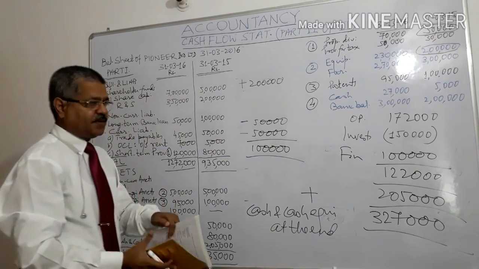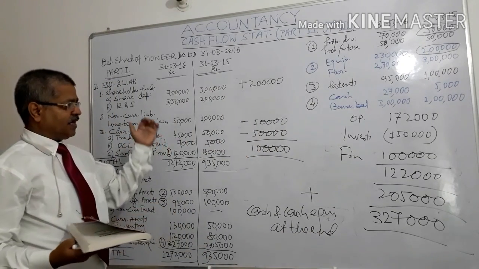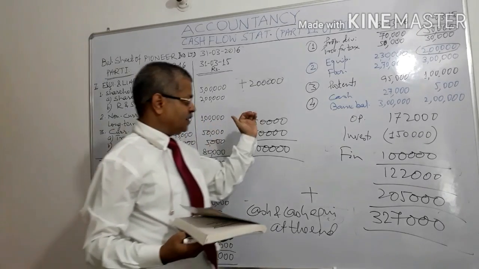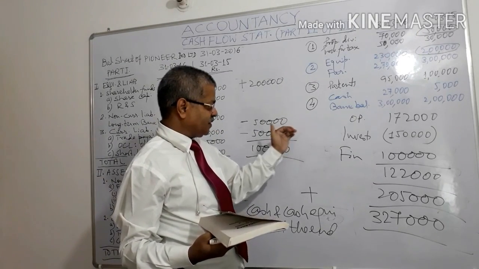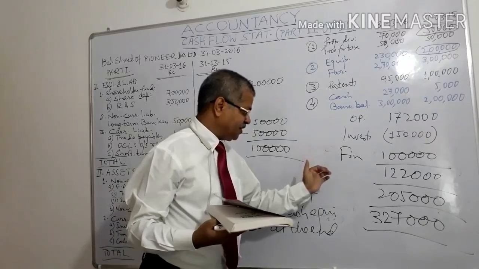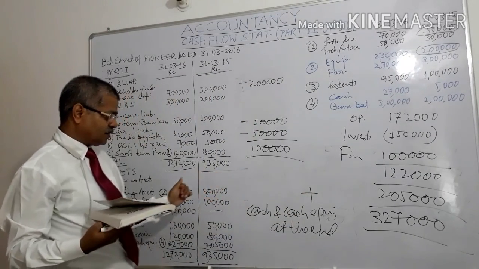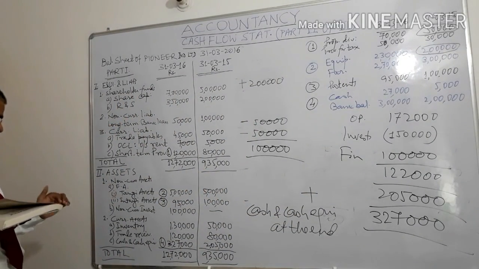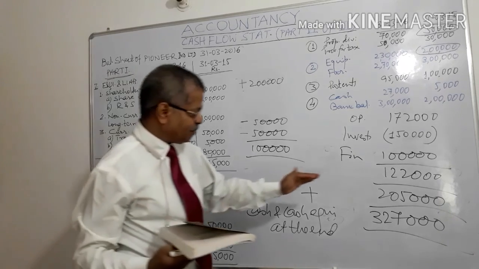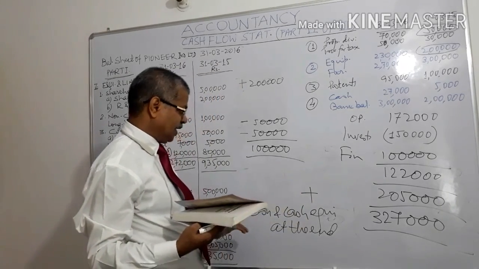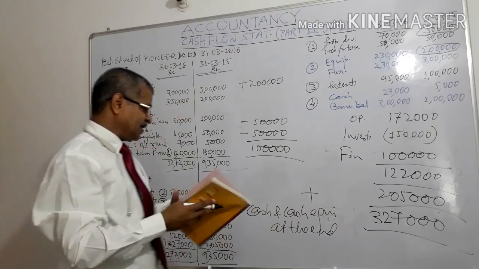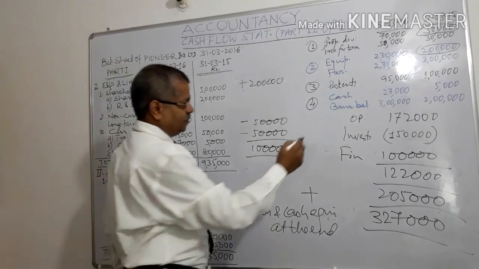Earlier also we have discussed ABC, cash flow from operating activities, cash flow from investing activities, cash flow from financing activities, plus, what is the plus? Cash and cash equivalent at the beginning of the period, and finally we get cash and cash equivalent at the end of the period.